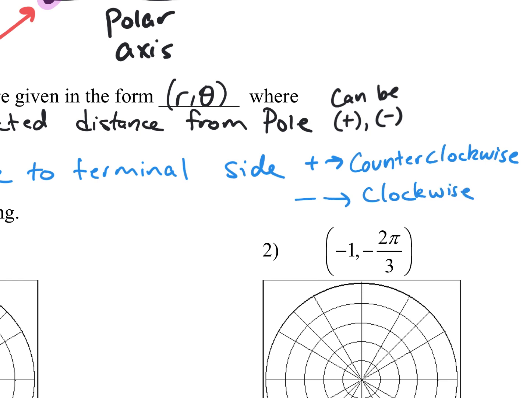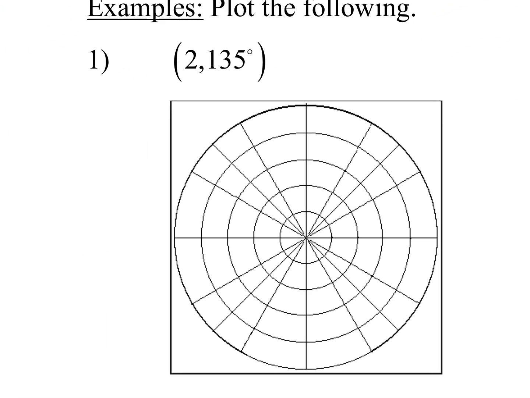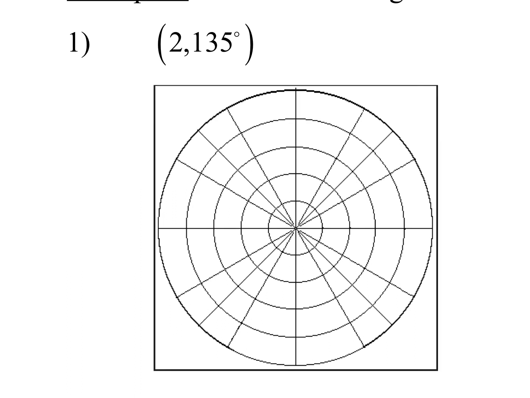Positive and negative basically just tells us which direction we need to travel in order to arrive at that specific location. Once we get into some examples, I think you'll make more sense of what's going on.